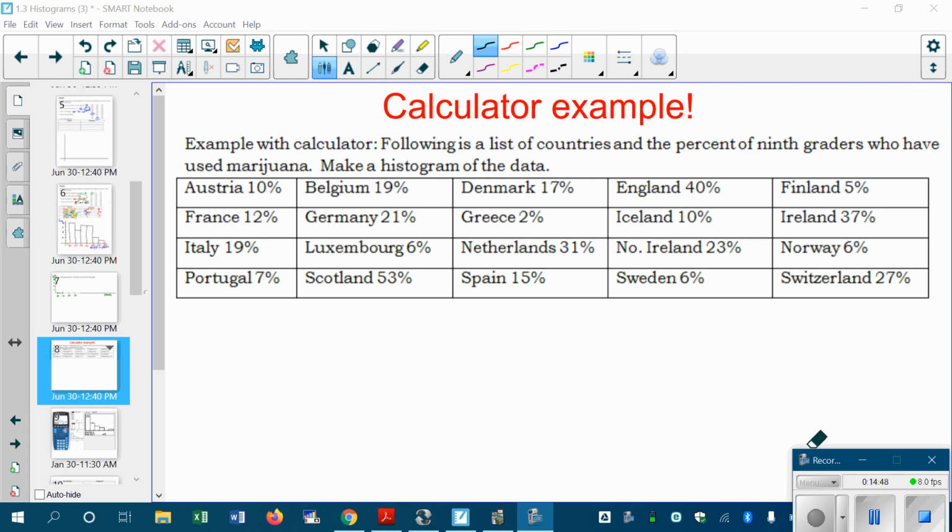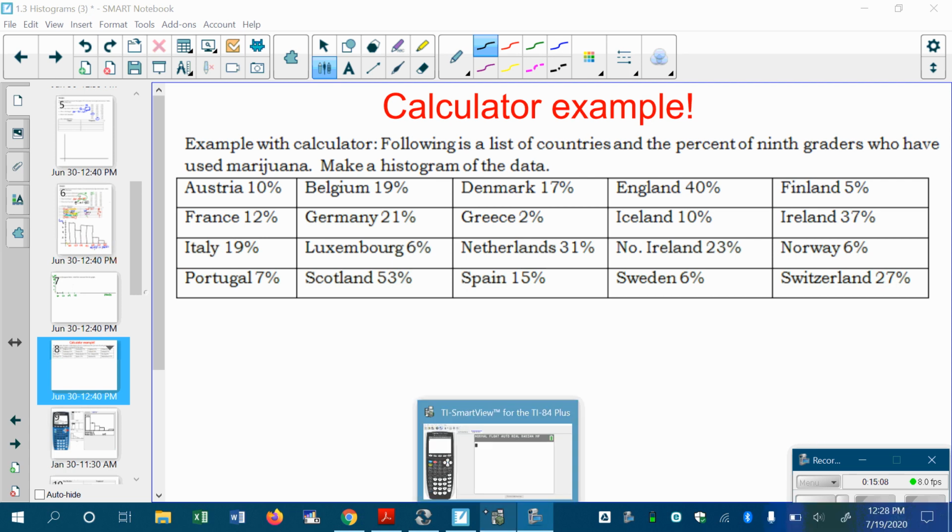So different countries and what percentage of ninth graders according to survey data. So again, a little bit cautious because you never know if people are reporting accurately. But according to survey data, what percent of ninth graders claimed that they had indeed tried marijuana? So what I'd like you to do is to have your calculator, and you're going to enter this data.